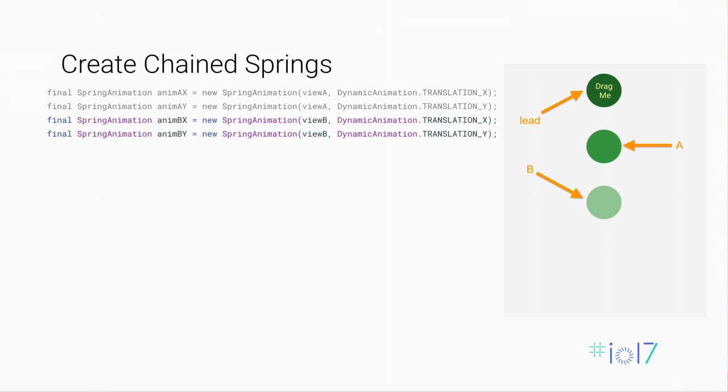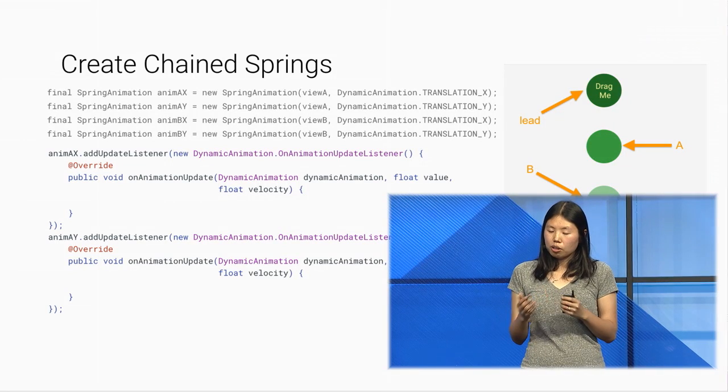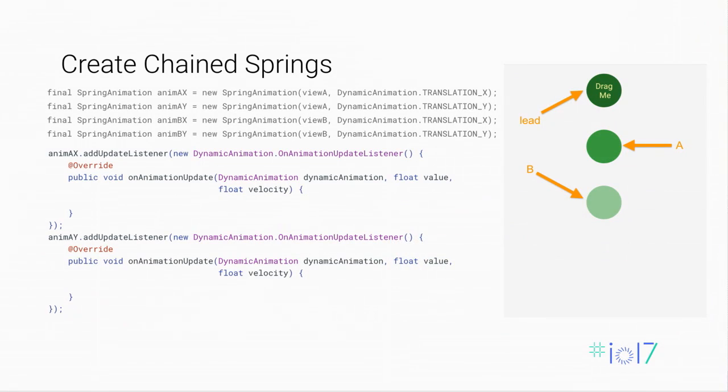Now let's take a look at how we can have B follow A. Similarly, we're going to create animations for B. And in order to get notified whenever A's position is changed, we need the on-animation update listener, and we're going to add the listener to A's animation.